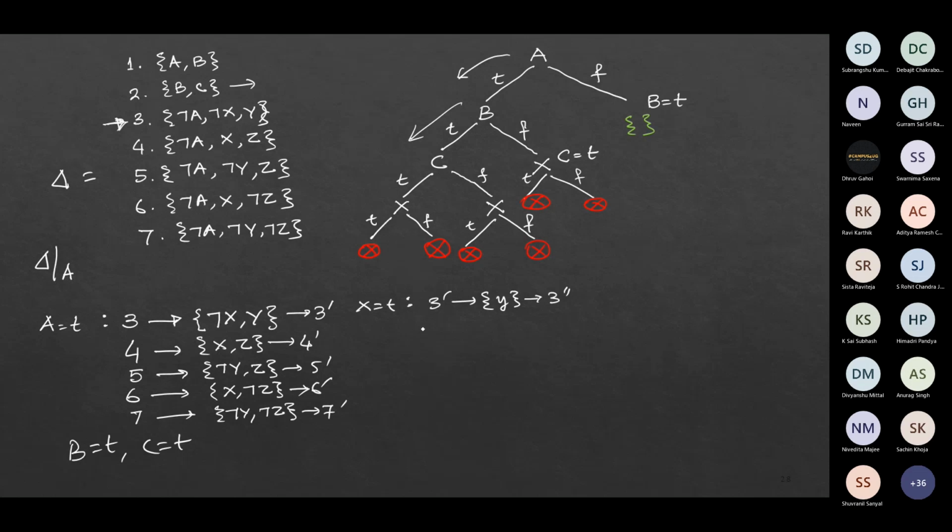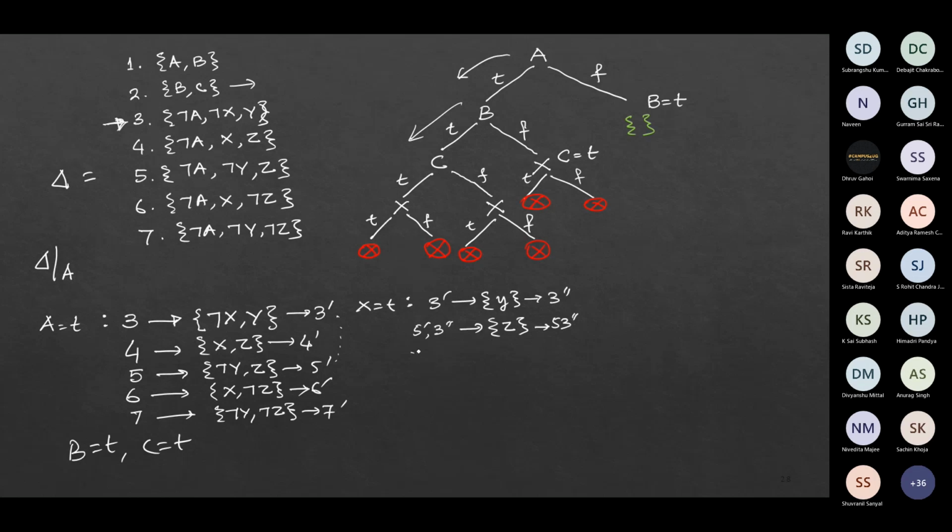And say we combine 5 prime and 3 double prime. What we will get is Z, right? Basically, we are trying to combine these two. So let us name this 5 3 double prime, right?